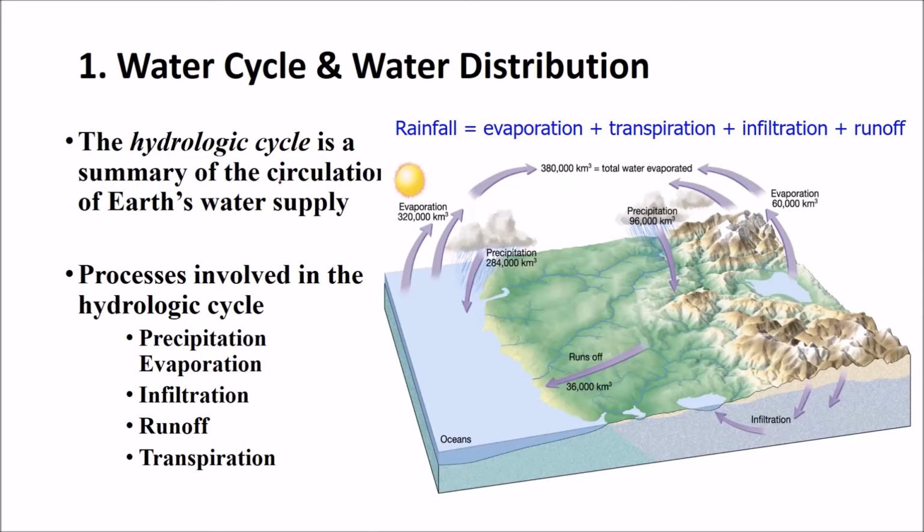This is a summary of the circulation of the earth's water supply, and it is very easy to imagine how the water cycle is.